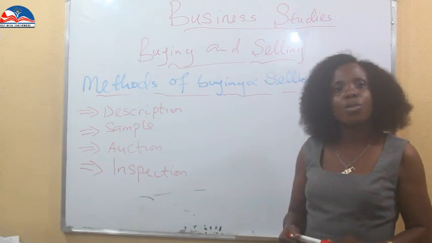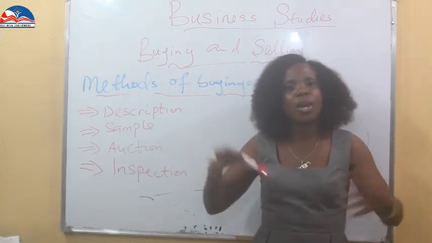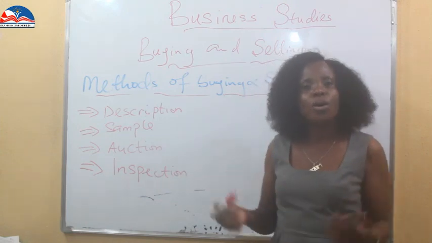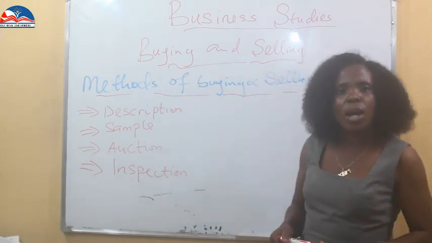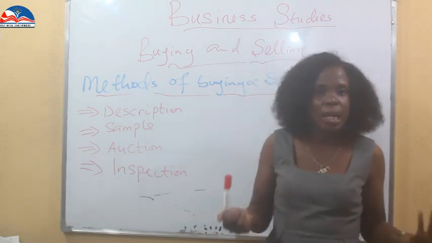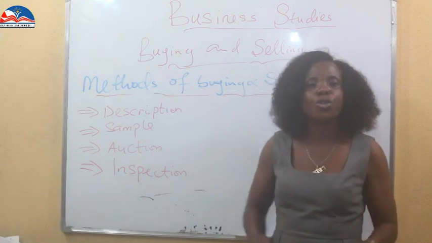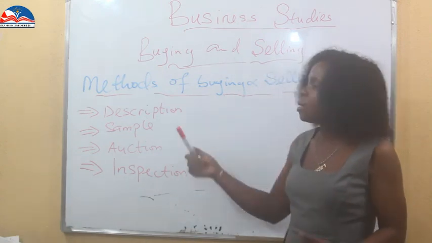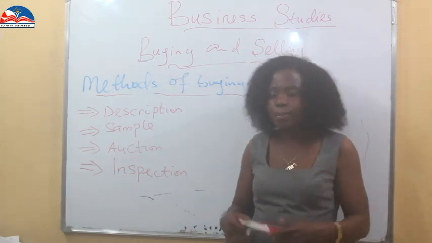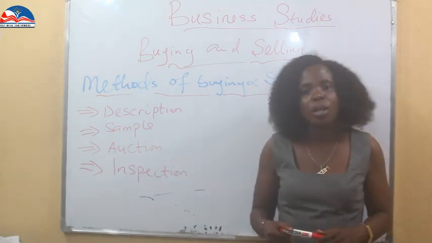And there are sometimes people who produce organic products, they send out random samples to their customers to test out. And once the customers are satisfied with what they got as a result, they may go for such products. That is by sampling. Then another one is auction.